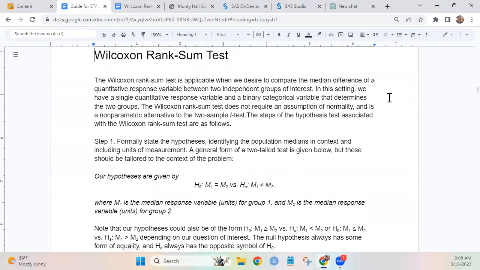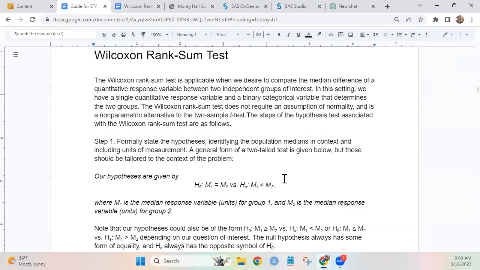It's very similar to the t-test, but instead of comparing averages or means between the groups, you're comparing medians. This is for a few reasons. One way to think about it is the point of using a non-parametric test like this is when assumptions are problematic for the first test, and the median, as a reminder, is more robust to outliers.